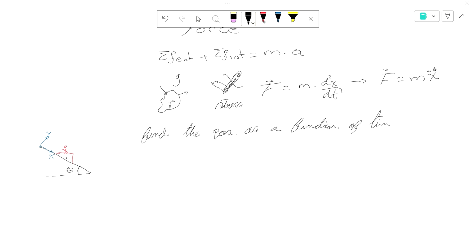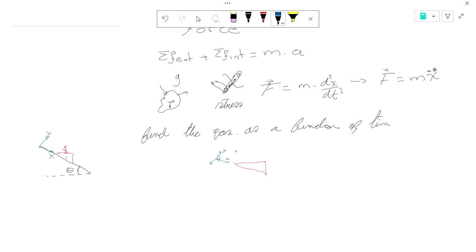So the first thing we need to do is the free body diagram. Let's place my object right here and my coordinate system right here. X, Y, and then Z will be 90 degrees from these two.